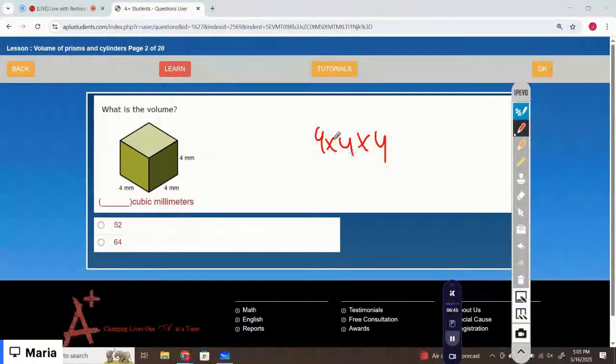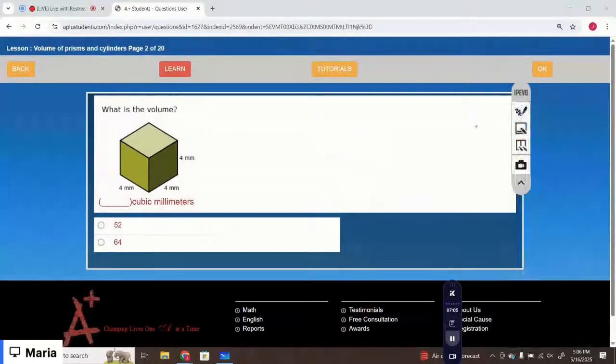That is 4 times 4 is 16, and 16 times 4 is 64. The correct option is 64. Option number 2 is the correct option.